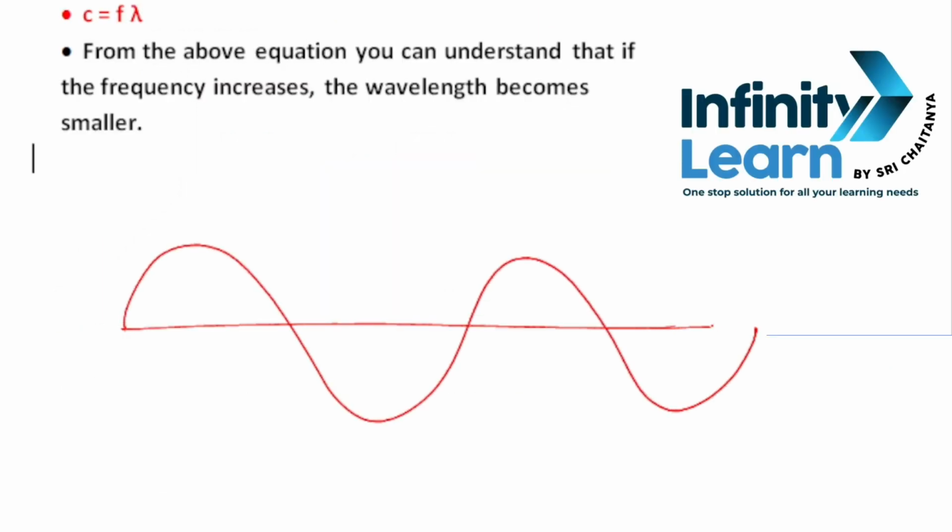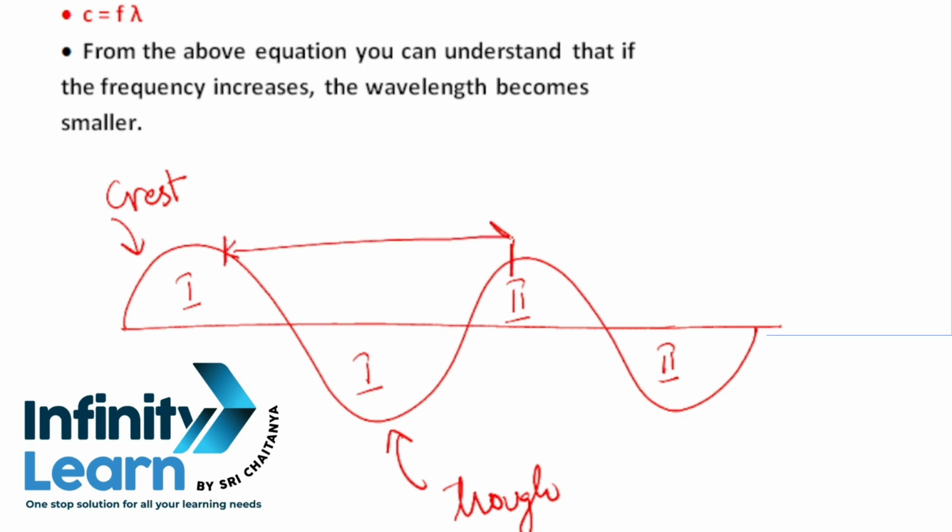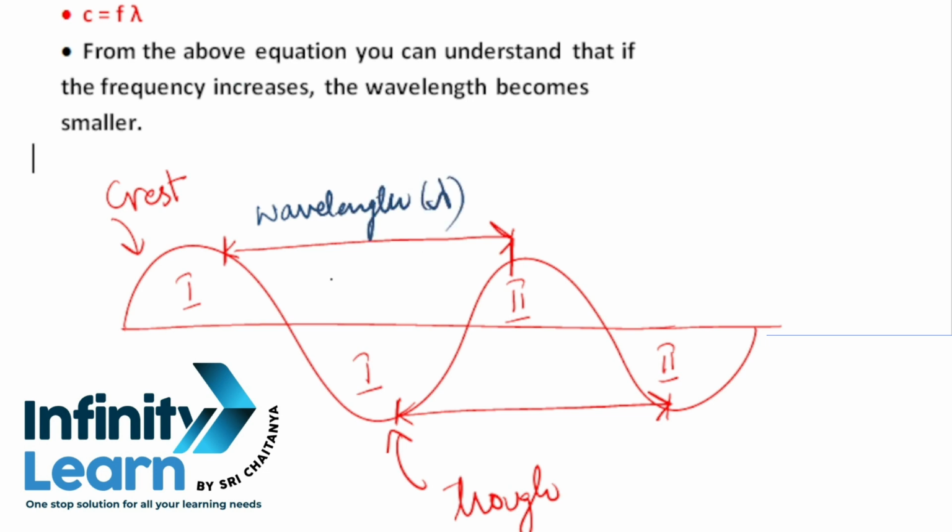Electromagnetic waves travel in the form of crests and troughs. If this is crest 1, this is crest 2, this is trough 1, and this is trough 2, then the distance between two adjacent crests, or two adjacent troughs, is known as wavelength, denoted with lambda.